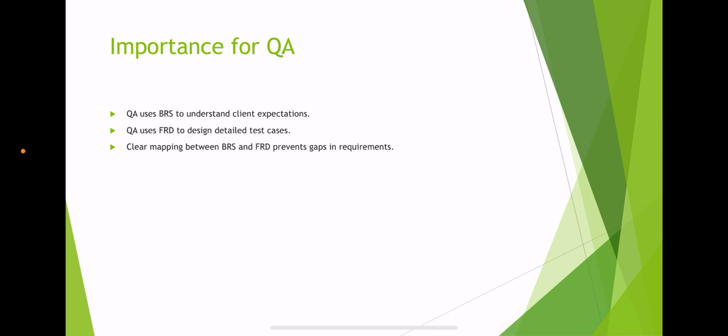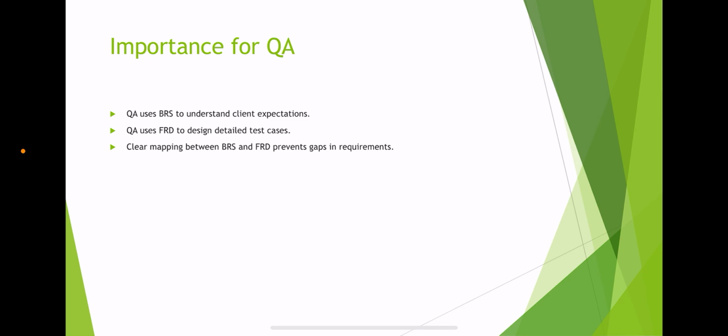Next, let's move to the importance for QA. We will go one by one. For the BRS, QA should understand the client's exact expectation from the application. From the FRD, QA will analyze the requirements and prepare the detailed test cases and plan out the testing.